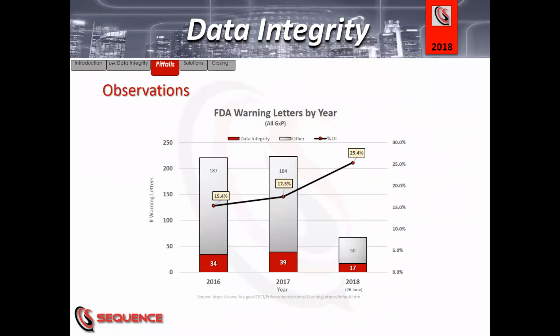Okay, pitfalls of data integrity. Why should you care about data integrity if you're in a GXP environment? Let's look at a little bit about this graph. This is a little bit different than what the Office of Manufacturing Quality puts out, the FDA puts out. This includes every warning letter that's been scrubbed to isolate GXP warning letters.